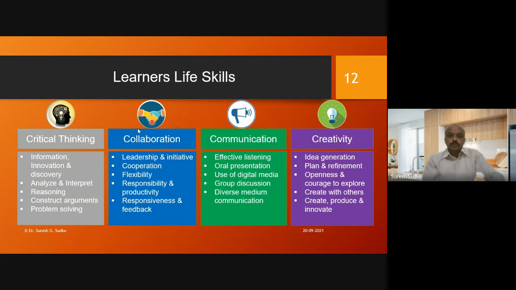Our students should collaborate with each other. There is a need for leadership skill. Our students should take initiative in a particular task. And while working in a team, they should have an ability to cooperate with each other. They should be flexible. They should align themselves when they are working in a team.